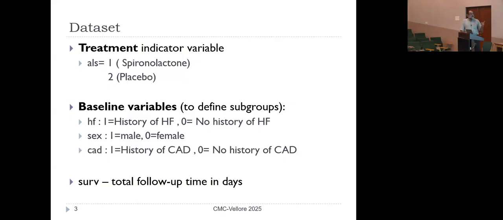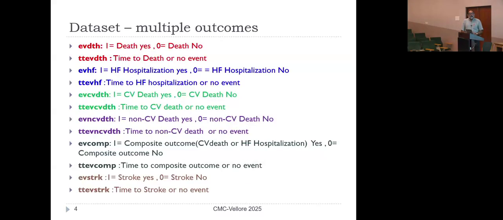There is another variable called SERV, which is the total follow-up time in days as well. And there's a bunch of outcomes. Why are there a bunch of outcomes? Because every investigator is interested in bunches of outcomes. They're not interested in only one outcome. Some people design their study for one primary outcome. They power the study and do the sample size calculations for that one primary outcome, but they're still interested in others.